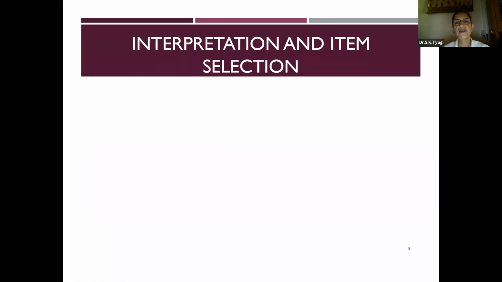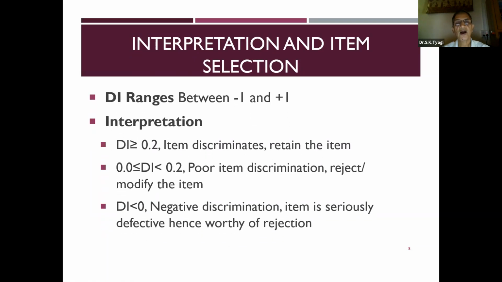Now, interpretation and item selection. Once you get the discrimination index, how to interpret it? Discrimination index will range between -1 and +1.